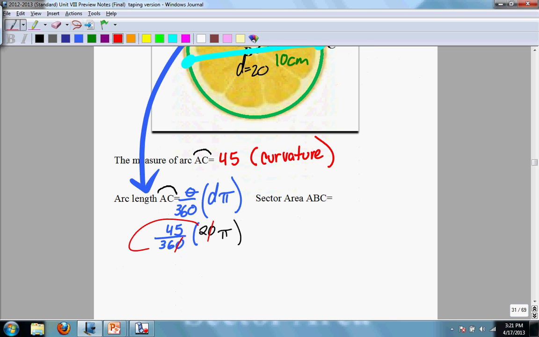And we also know 2 goes into 36 18 times. And now I can reduce because both 18 and 45, 9 goes in there 5 times, 9 goes in there twice. So my final arc length of AC, the length is going to be 5 over 2 pi centimeters.